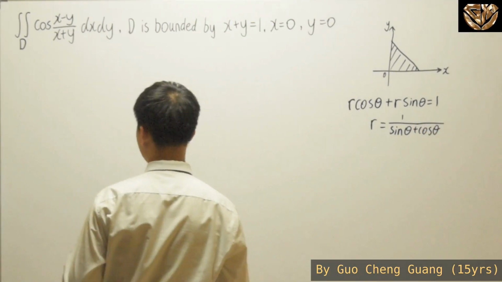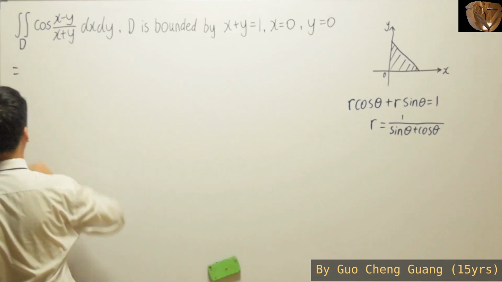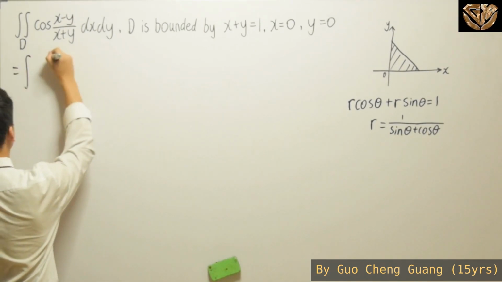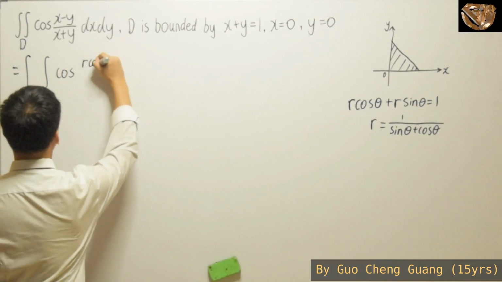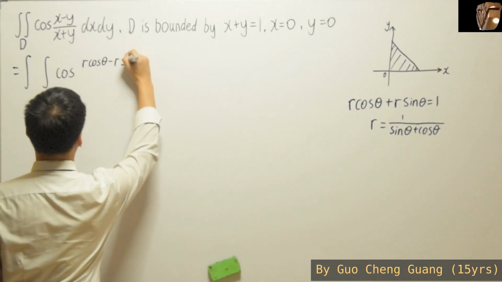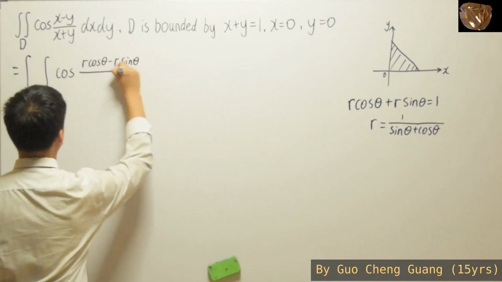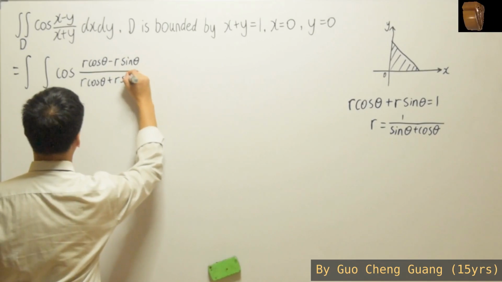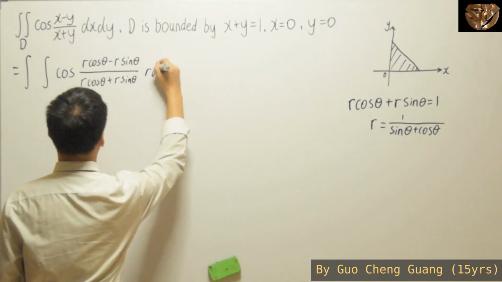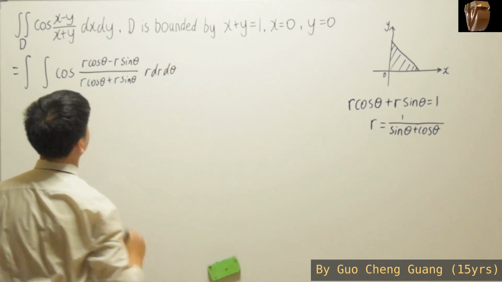Now we can change this into a double integration: cosine of (r cosine theta minus r sine theta over r cosine theta plus r sine theta), and then r dr d theta.